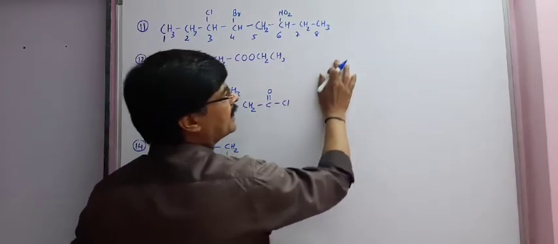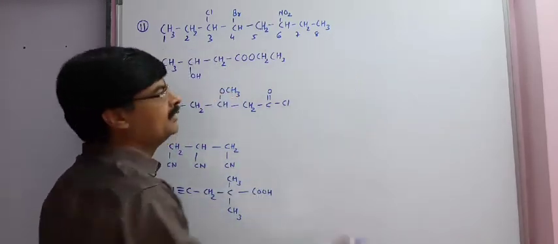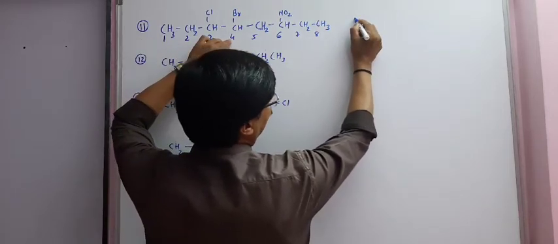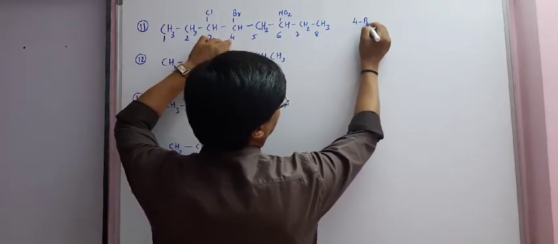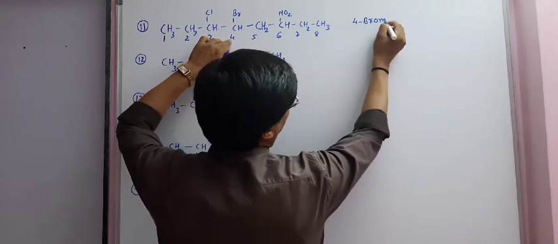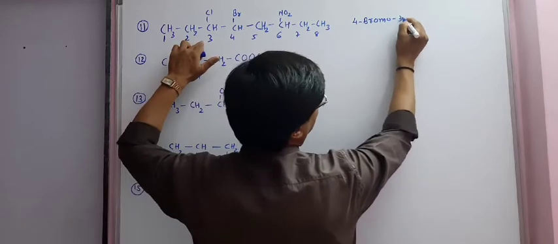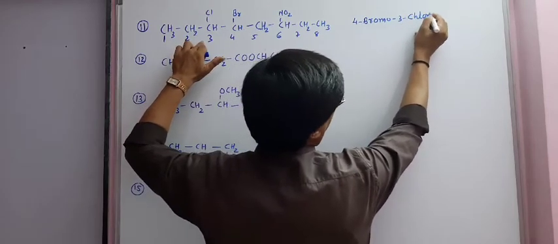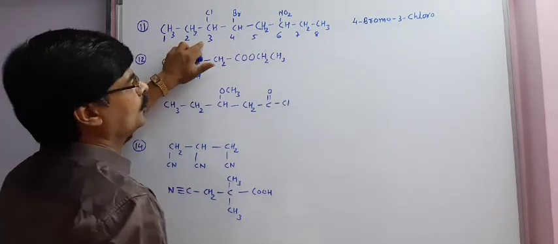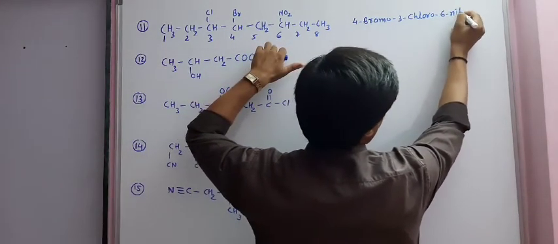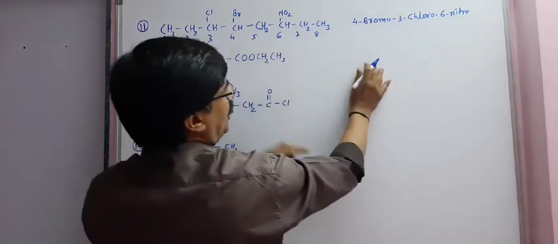Keeping in mind the alphabetical order, we can write the IUPAC name of this compound as 4-bromo, 3-chloro, 6-nitro, octane.